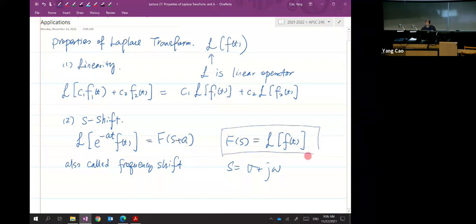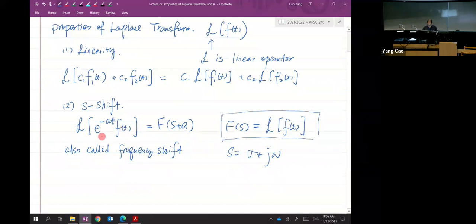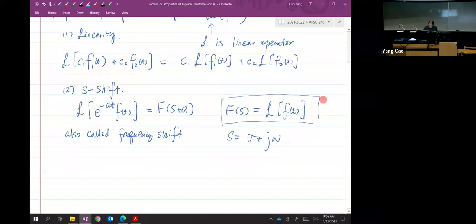This is from the Laplace transform of the function f of t. And then if you multiply f of t with an exponential function, then technically you just have to shift this F of s by a constant a, to the left side, of course, s plus a. That's called S-shift.